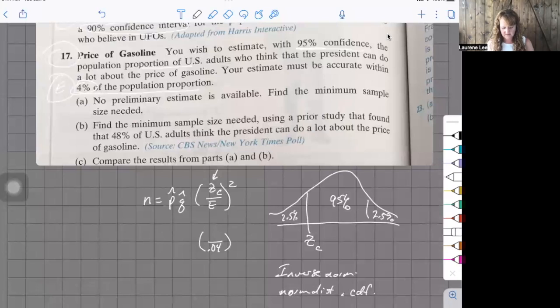Sorry, I had something already on my calculator and I didn't show. There we go. This is going to be negative 1.96, and this is going to be 1.96.